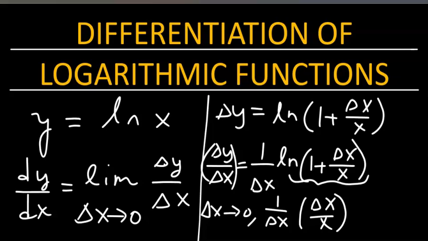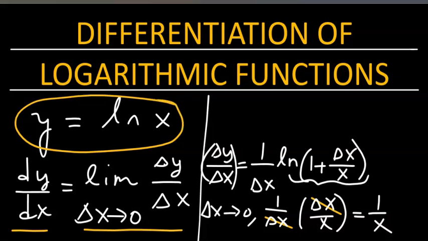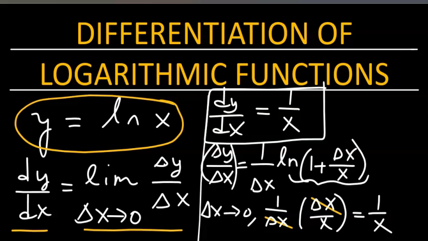And as you can see, this delta x will cancel that delta x, and the answer is 1 over x. So now you have it. dy dx, according to this definition, when y is given by natural log of x, is quite simply 1 over x. Now this is a result that we shall be using over and over again in coming problems.